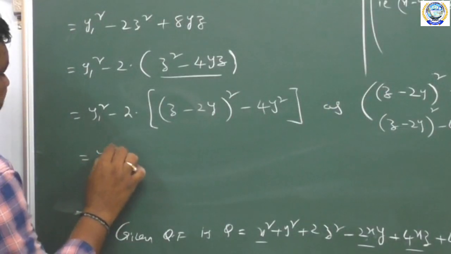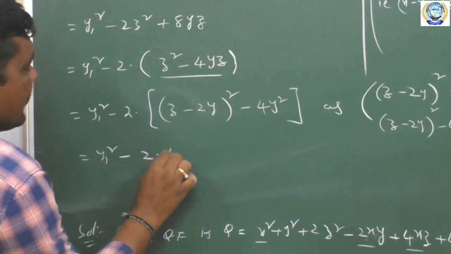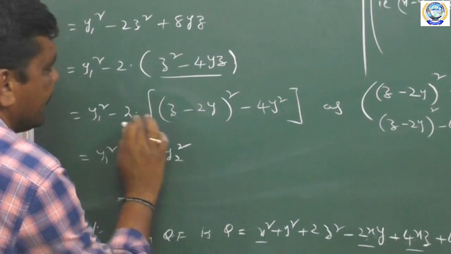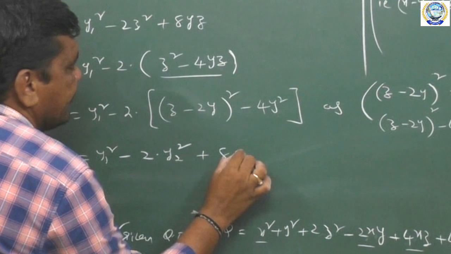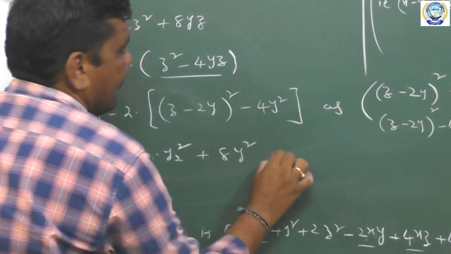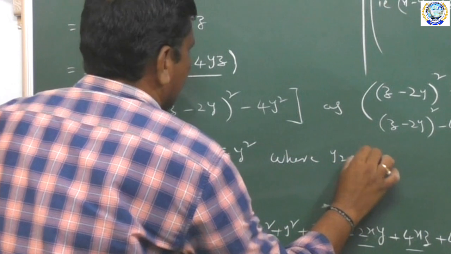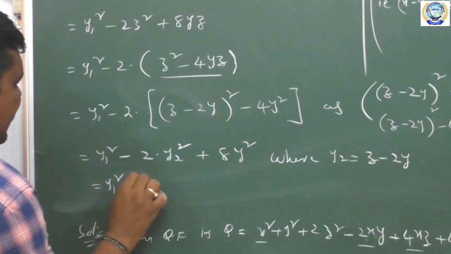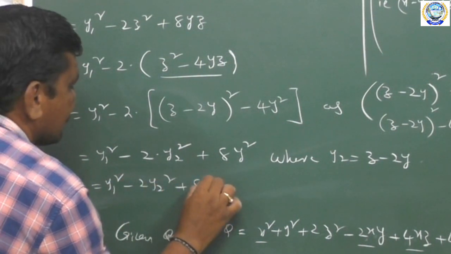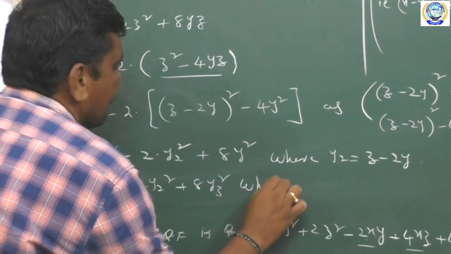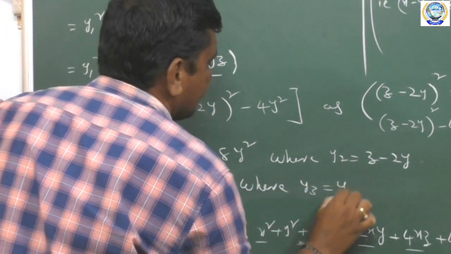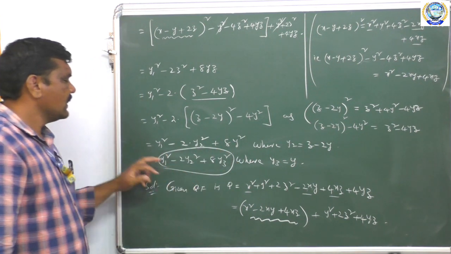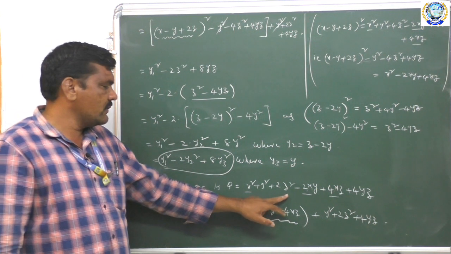So this is equal to y1 square minus 2 into y2 square minus 4y square, that is minus 2y2 square plus 8y square, where y2 is the value z minus 2y. So this is equal to y1 square minus 2y2 square plus 8y3 square. Here we take y3 as y. Therefore, this is the required canonical form of the given quadratic form Q.